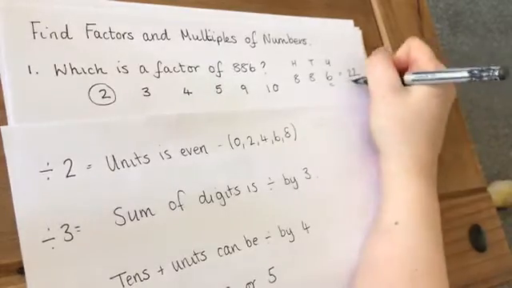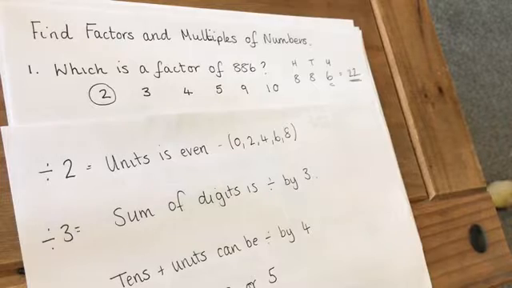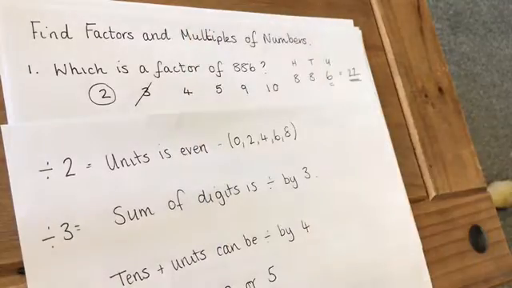Okay, now is 22 divisible by 3? Can you divide 22 evenly by 3? No, you can't. So 3 is not a factor.